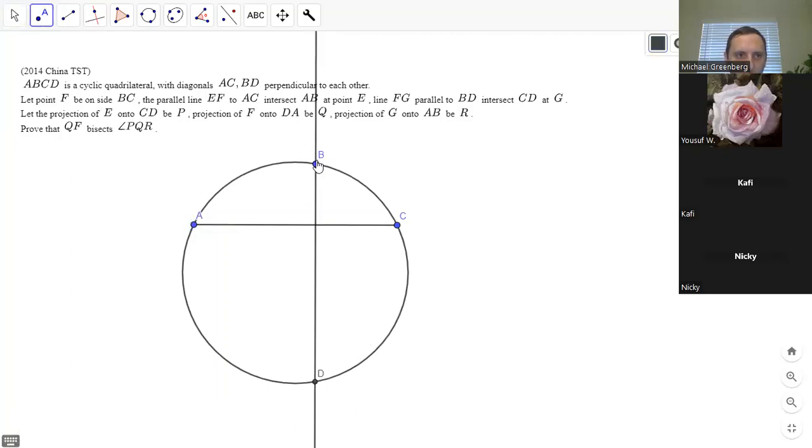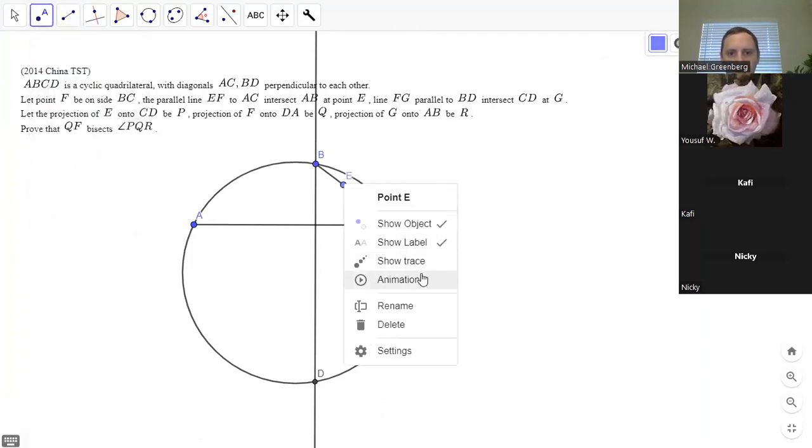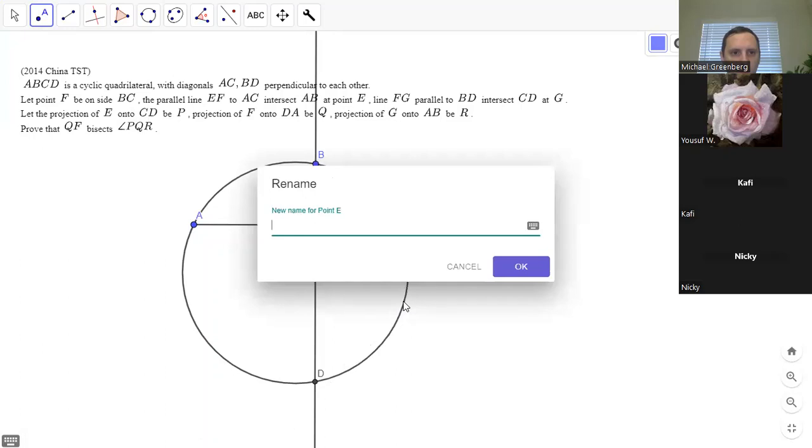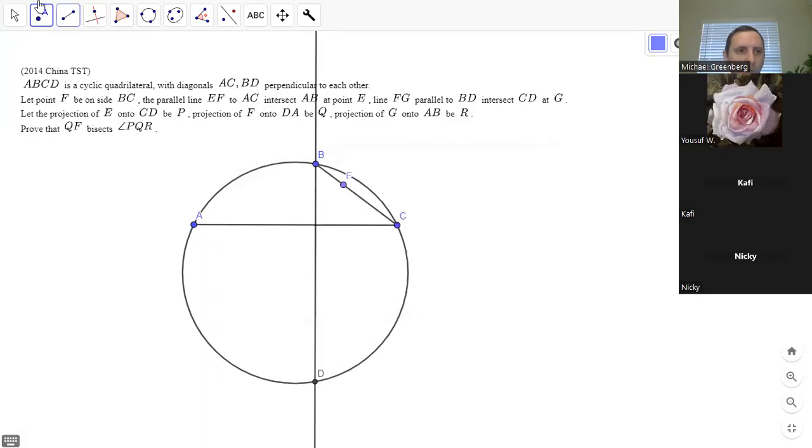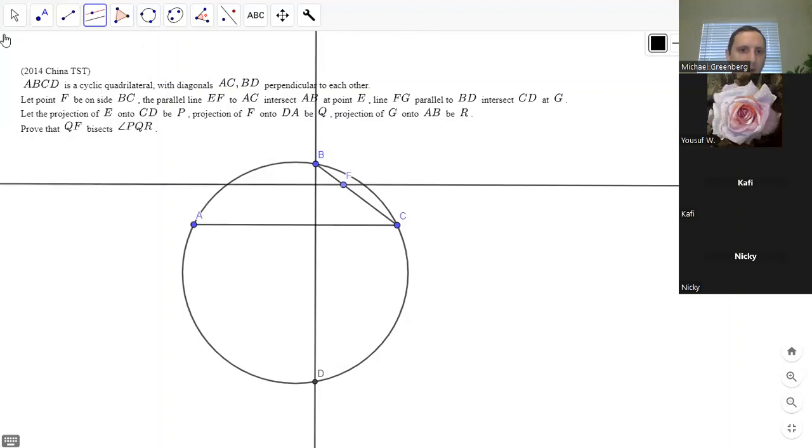So okay, this intersects at point E. And FG, we draw parallel to BD.